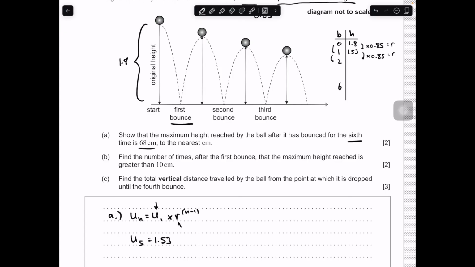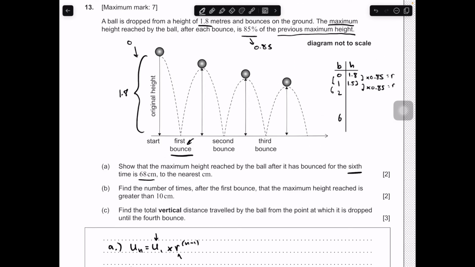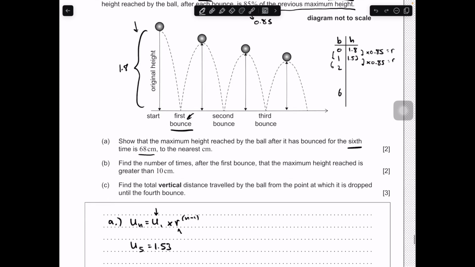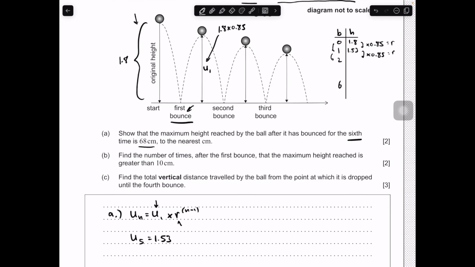This one's a little tricky because our first bounce is right here. It's not actually equal to 1.8. That would in some sense be the drop height, so it's not yet bounced. The first term u_1 doesn't happen until we multiply 1.8 times 0.85. So this is our first bounce, times the common ratio of 0.85, raised to n minus 1.